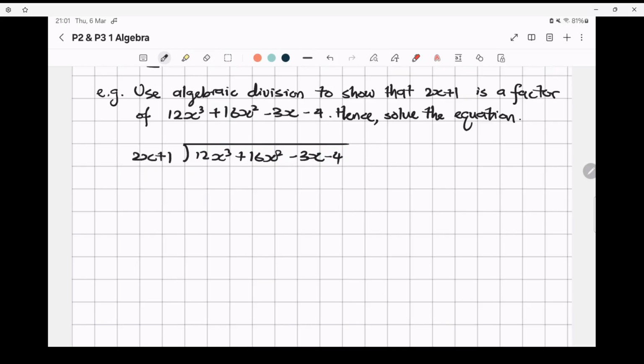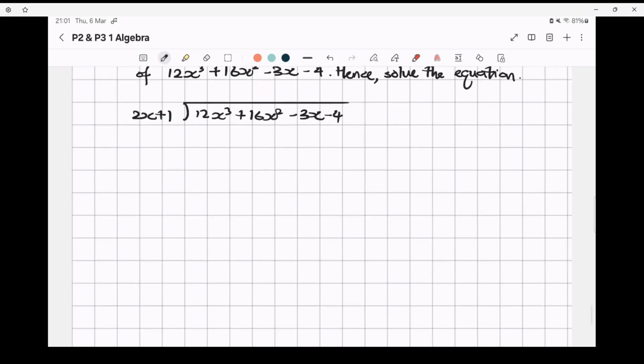Use algebraic division to show that this is a factor. It means that when you perform the long division, at the end there should be no remainder. The first step is to multiply to 12, so you get 6x squared. So you have 12x cubed, and 1 multiplied with that, you get 6x squared.